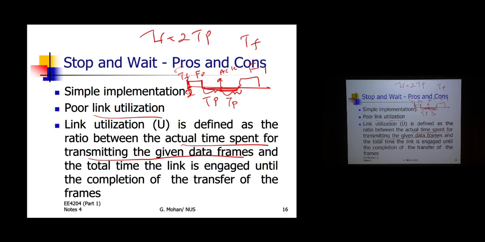During this period it's not using the link for transmission, but it's holding the link. It's not transmitting anything. So the ratio between the actual transmission and the total time it is holding the link is the utilization. Is that fine? Anyway, later we derive some simple expressions.